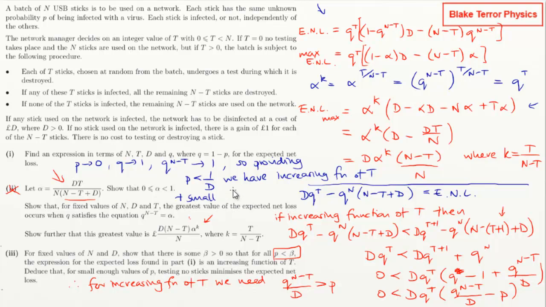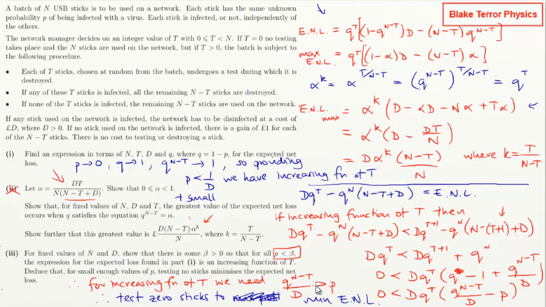So therefore you don't want to test any sticks. Therefore, test 0 sticks to maximize profit or minimize the expected net loss. It's probably better to put it that way because that's what they've said in the question. Right, so that follows on quite nicely from what we've got there.